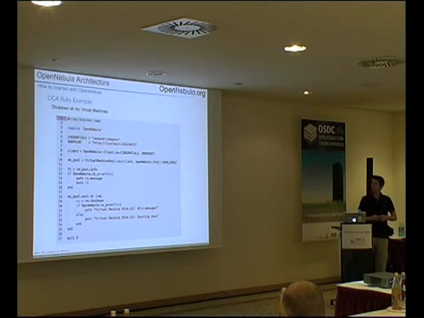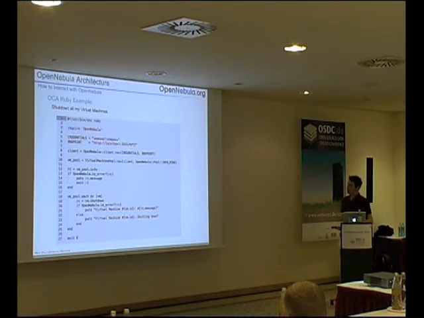So this is an example of a script made in Ruby that uses the OpenNebula Cloud API. This script will shut down all the virtual machines that I have access to. The first thing is to require the OpenNebula library, and then you have to create a client to talk with OpenNebula, which will need the credentials and the endpoint where OpenNebula is running.